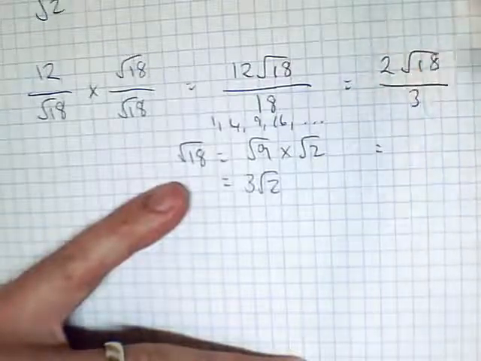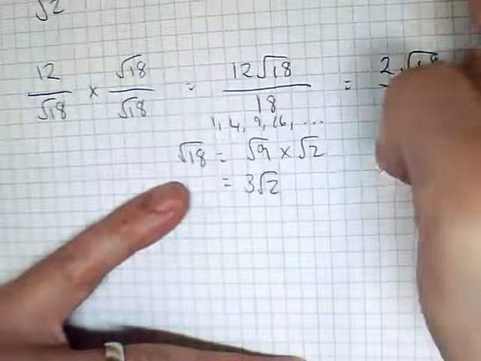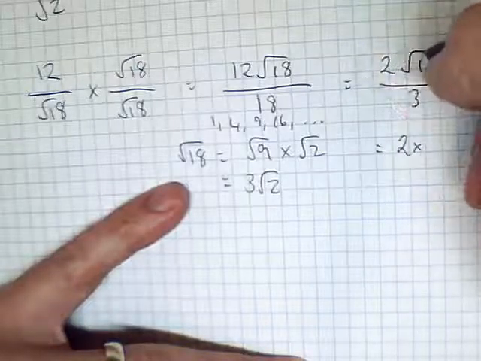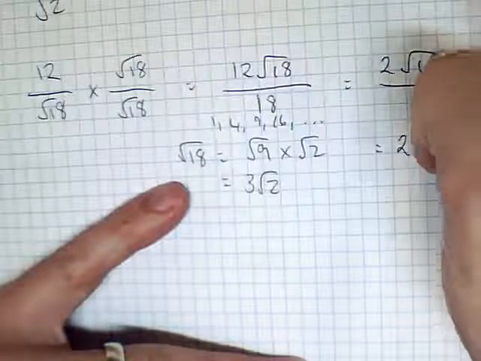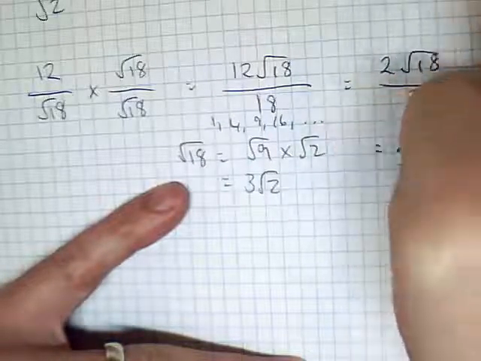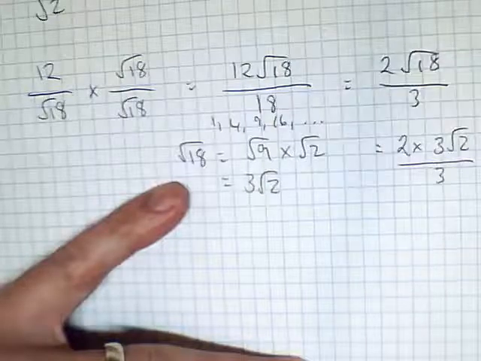So let's go back to this. 2 root 18 is actually 2 times, because it's next to each other, 3 root 2. And I'm dividing it by 3.